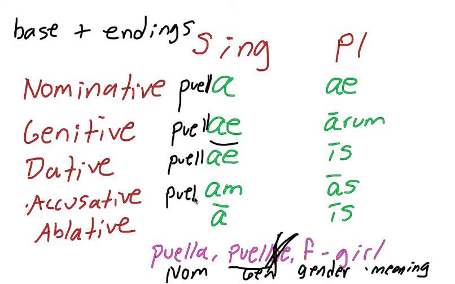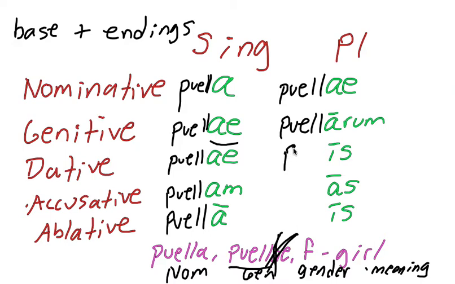Our accusative singular is puellam, and our ablative singular is puella. In the plural, our nominative plural is puellae, our genitive plural puellarum, dative plural puellis, accusative plural puellas, and ablative plural puellis. That is how we decline a noun in Latin.